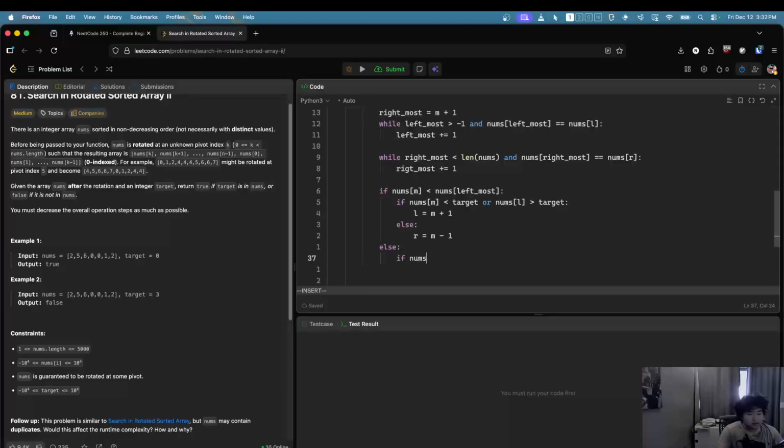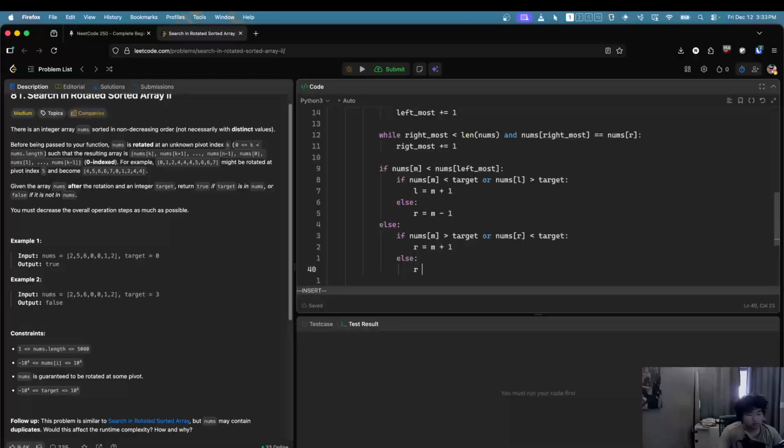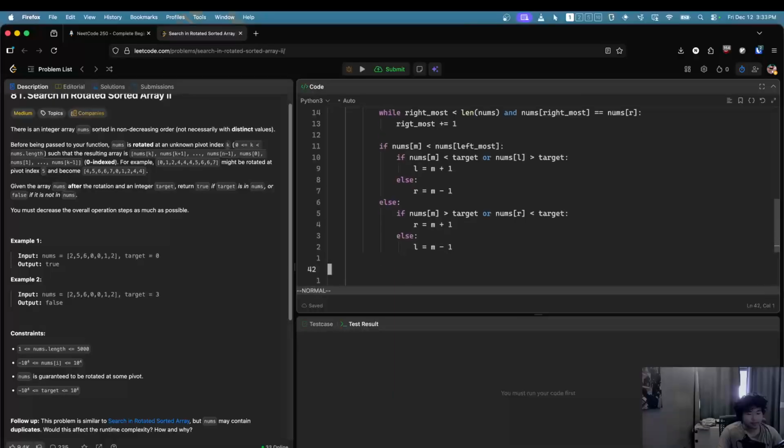So if nums of M is too big than target, or nums of R is bigger than target or smaller than target, then we probably want to move that direction. So we'll do mid plus 1, else L equals mid minus 1.